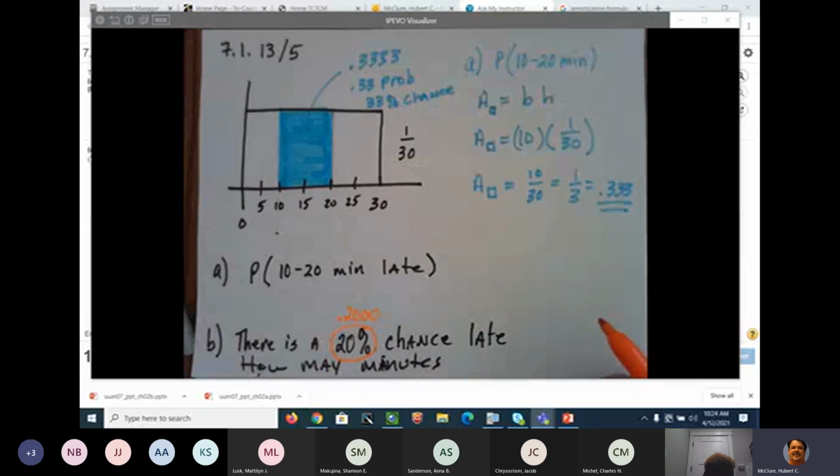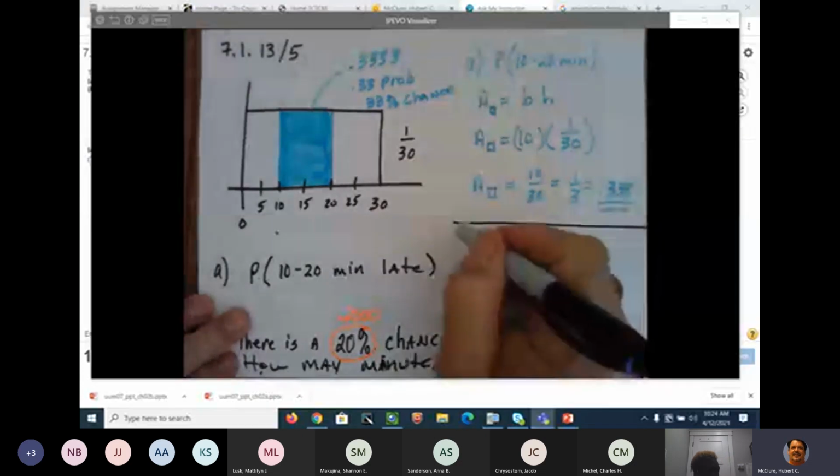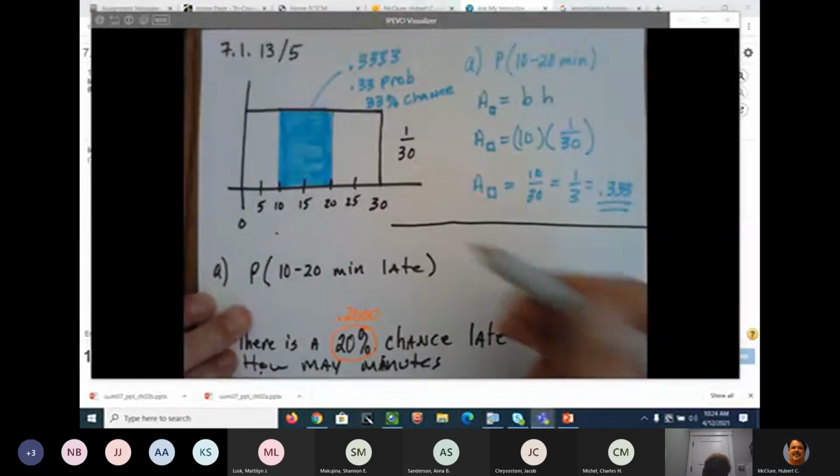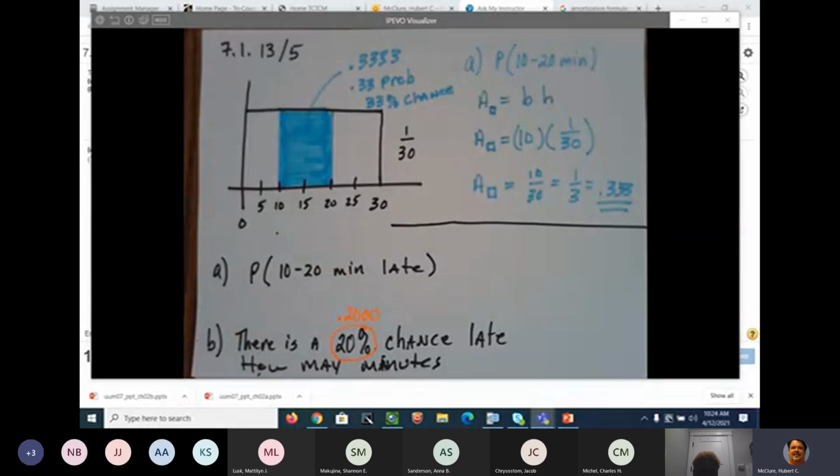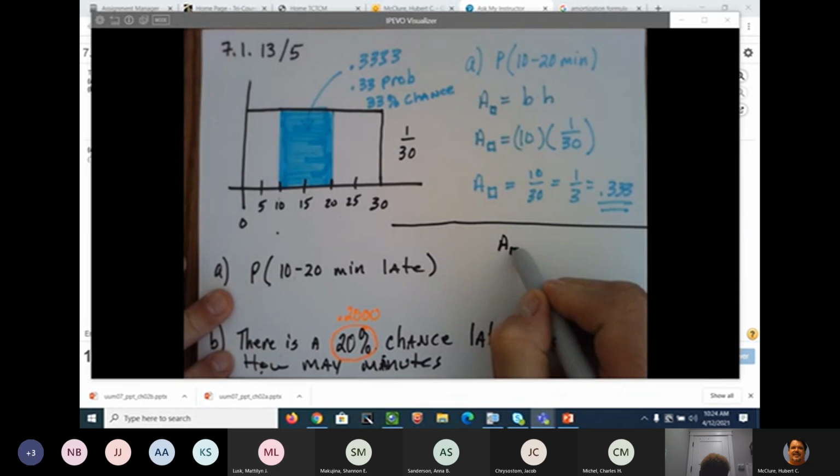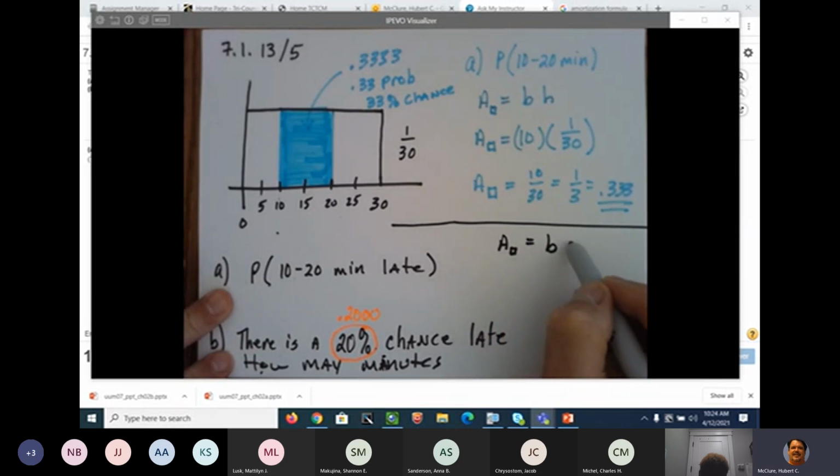So I'm going over here. Let me draw a line between my part A and part B. Okay, so I'm going to put area of a rectangle is equal to base times height.